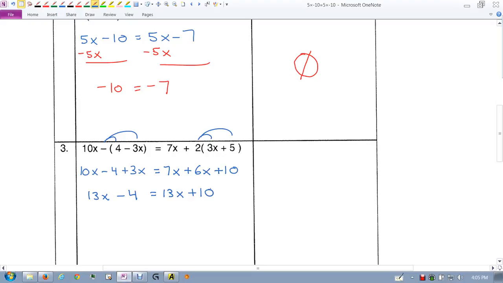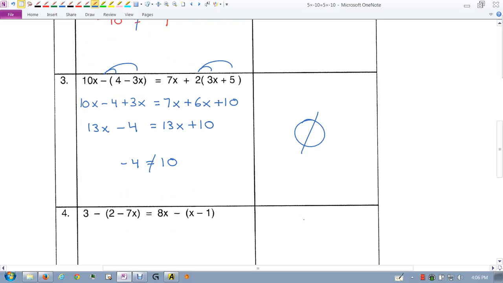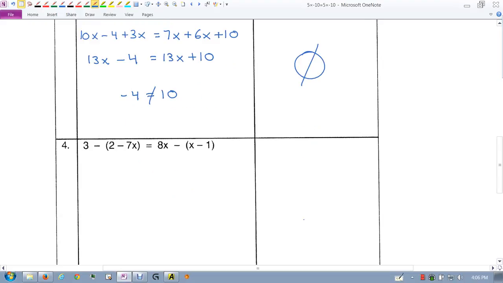I'm going to get those 13x's to cancel, and I'm going to get negative 4 equals 10. And that's not true, right? These were both contradictions, so empty set again. And the last one will be all real numbers. I'll let you work that yourself. So you should get an identity on that one.